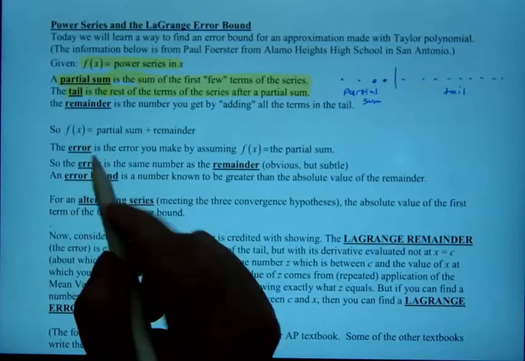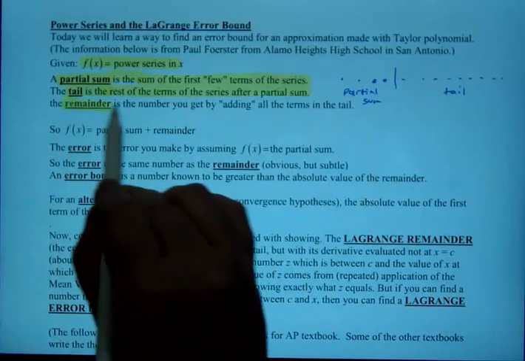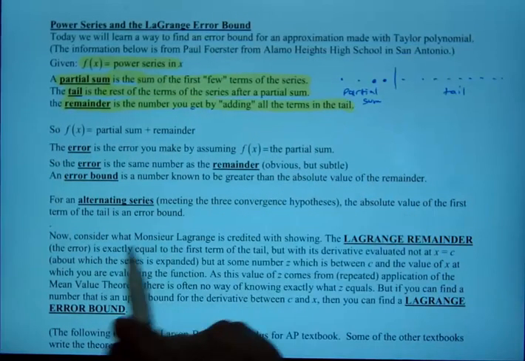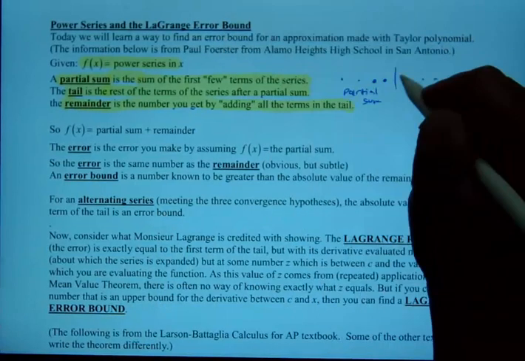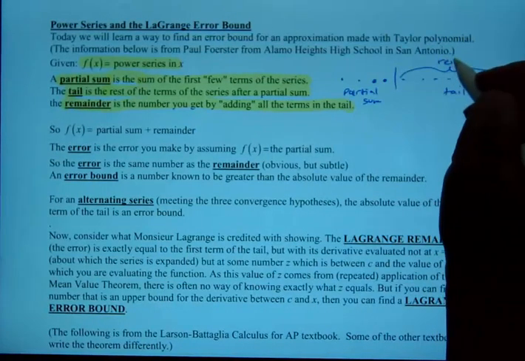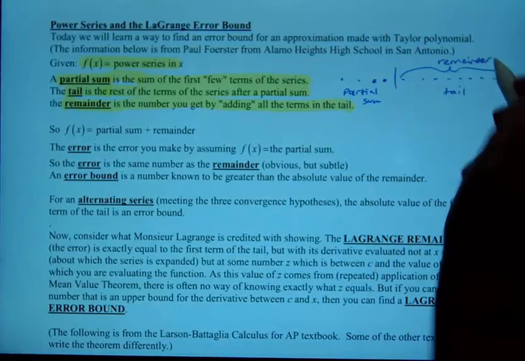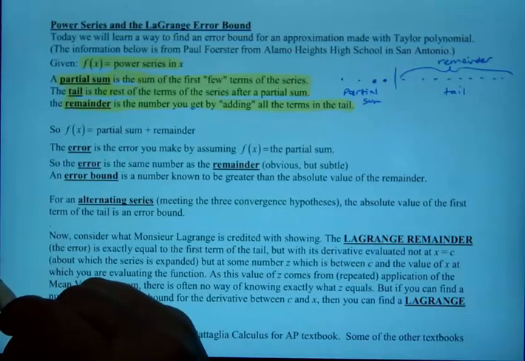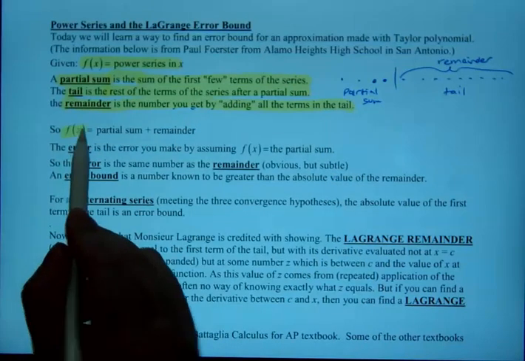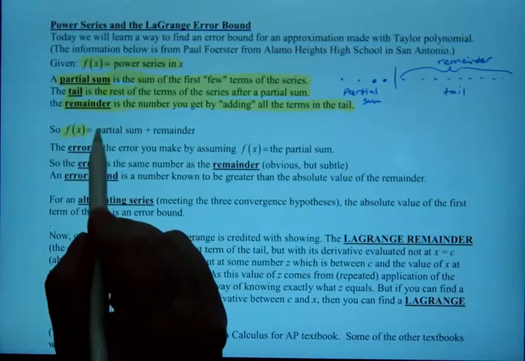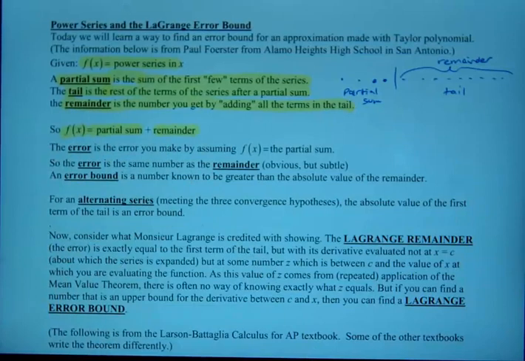Okay? The remainder is the number you get by adding all the terms up in the tail. So if you take all of these and add them together, that's your remainder. Are you following what I'm saying? Okay. So take a look at this. Does it make sense that the series is equal to the partial sum plus the remainder? That's the whole series. Where you choose to stop plus everything you didn't choose to use.